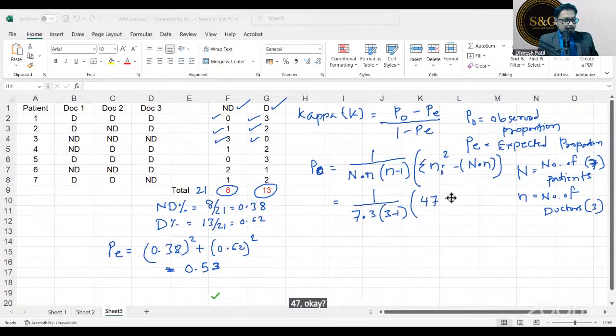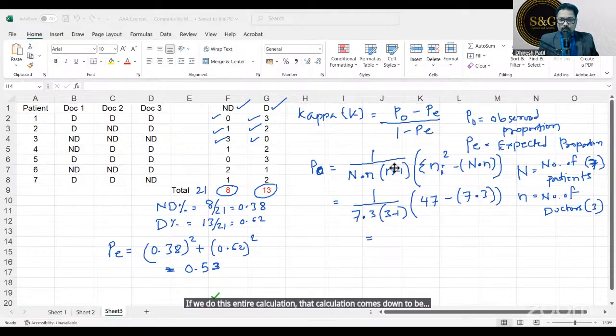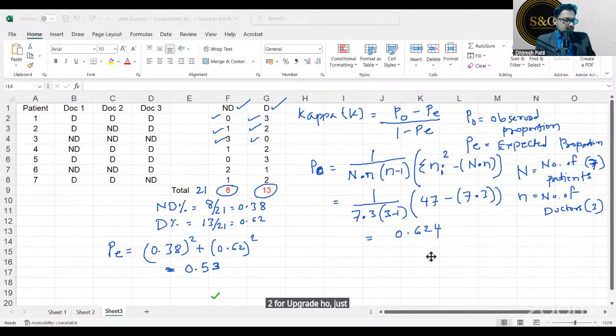Minus, in bracket, 7 into 3, which is 21. Bracket complete, bracket complete. If we do this entire calculation, it comes to 0.624. You can do it to confirm, okay? Then we put the values into the kappa formula, the kappa value.